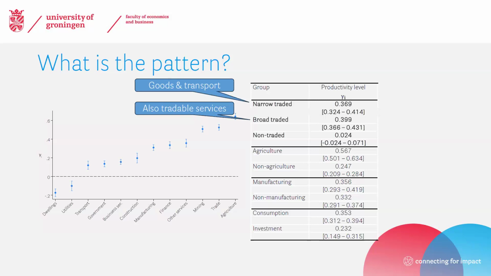But what we found particularly striking is if you look at traded versus non-traded, we actually get that the non-traded productivity is not systematically varying with GDP per worker, while the traded sectors is. That depends a little on how you define traded or non-traded, actually.